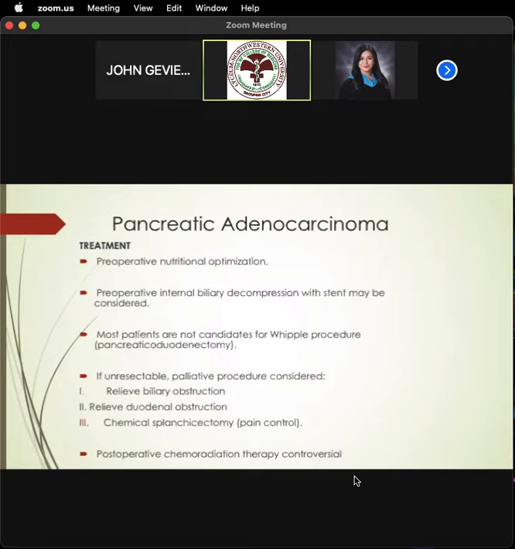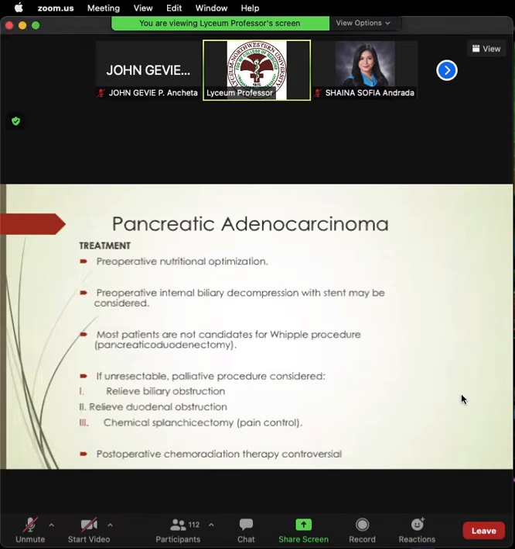It is just reserved for patients with cholangitis due to a pancreatic tumor. Okay, if your patient has a resectable tumor, the very popular procedure here is Whipple's procedure, pancreaticoduodenectomy. Okay? But if it's unresectable, we could do a palliative procedure.